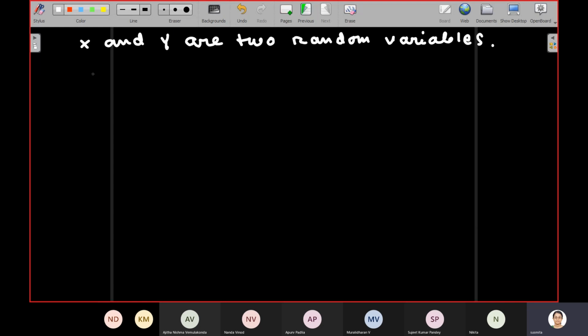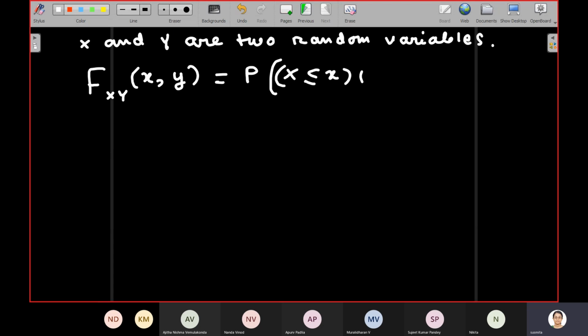So let's start with the joint CDF. We have capital F, and in the subscript we now need to put both random variable notations, x and y, and then within parentheses we have their values. This is the joint probability that capital X is less than or equal to small x and capital Y is less than or equal to small y.